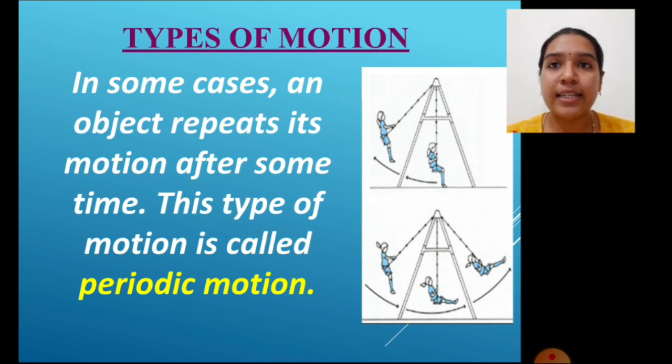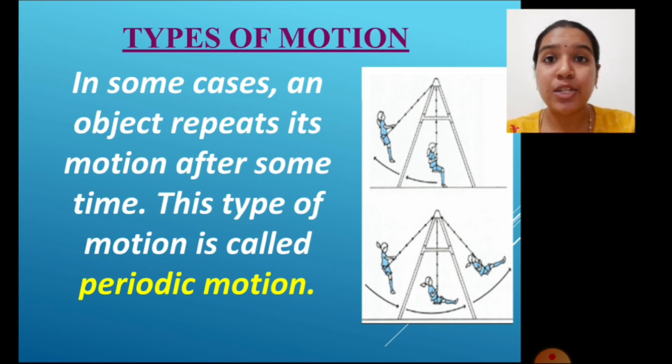The third one is periodic motion, where the object repeats its motion after some time. As you can see in the image, in periodic motion, an object repeats its motion after some time. For example, a swing.